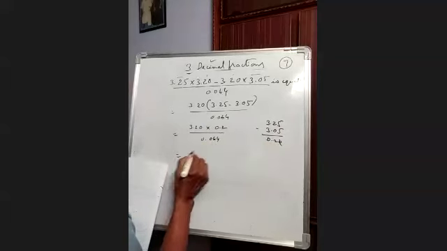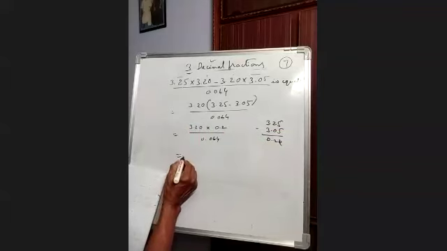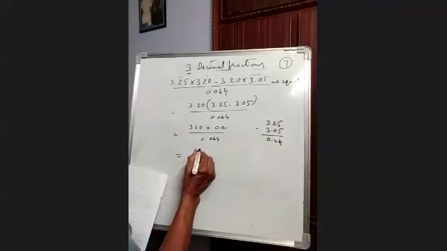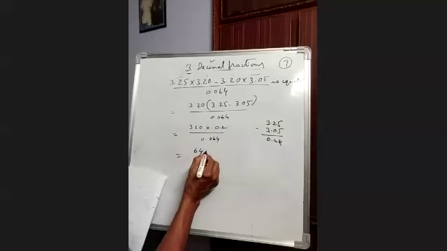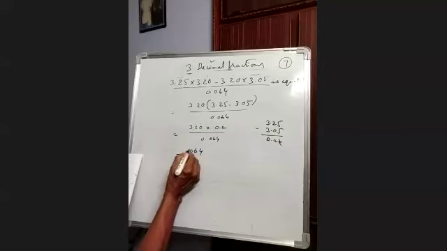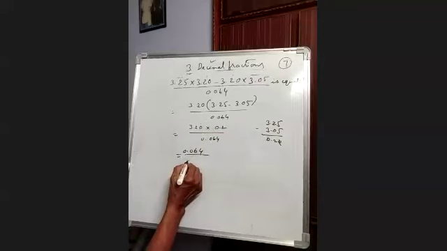0.064, that times 2, and keep the total distance. 64, 1, 2, 3 decimals. That means 0.2 is the numerator. Denominator is also 0.064.